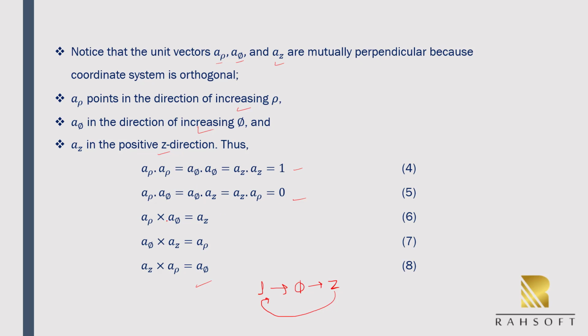In the case of the cross product, the cyclic terms are followed: a rho cross a phi gives a z, a phi cross a z gives a rho, and a z cross a rho equals a phi.